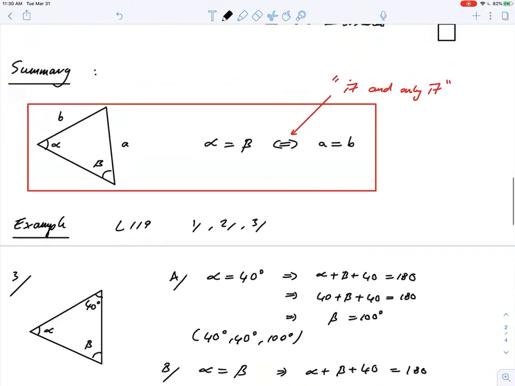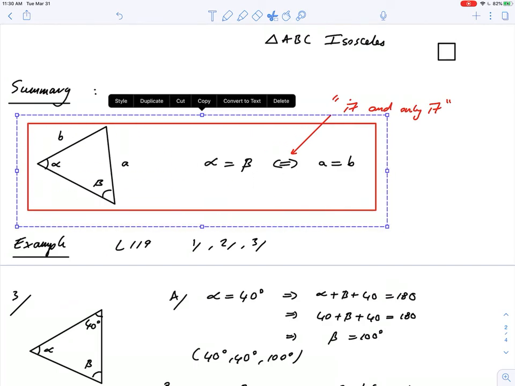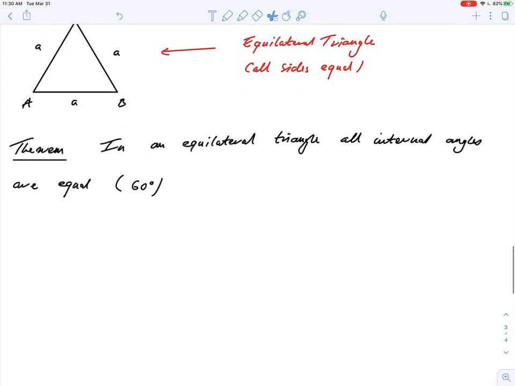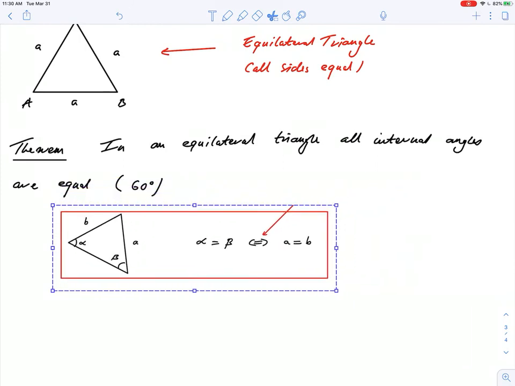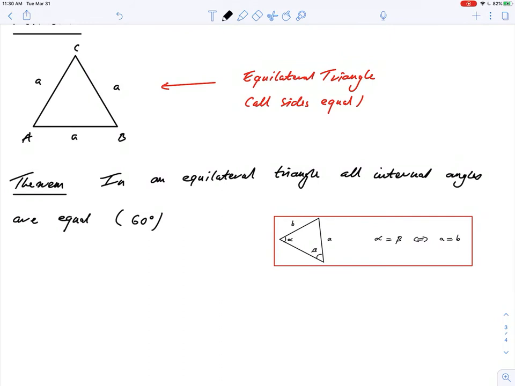Okay, so let's go up a second to this. I'm going to grab this again, because this is going to be the key to showing this result. Let's shrink this down, bring it over here. All right, so let's take my equilateral triangle. Proof.